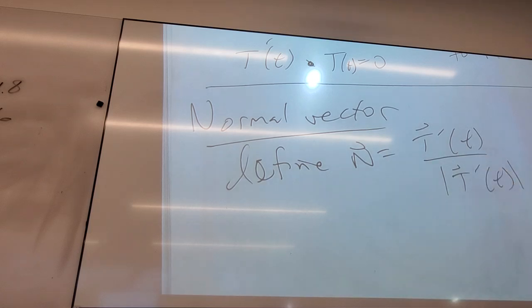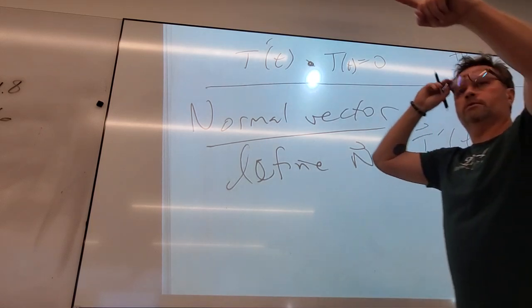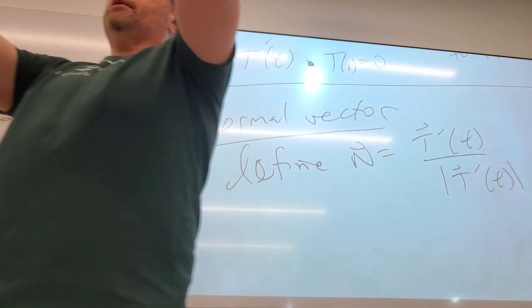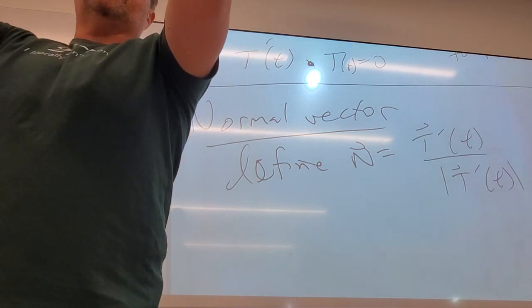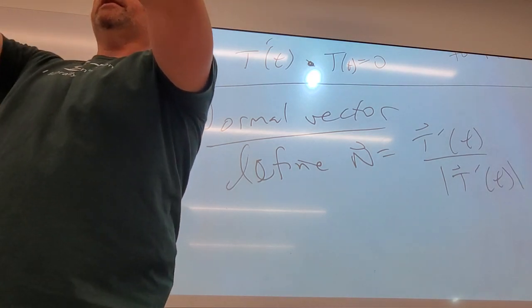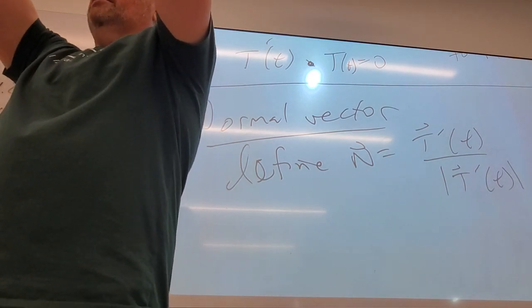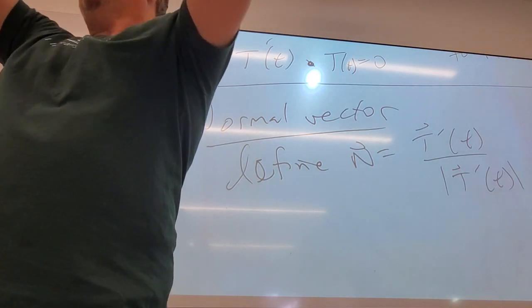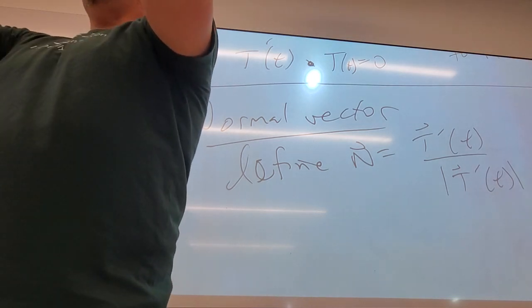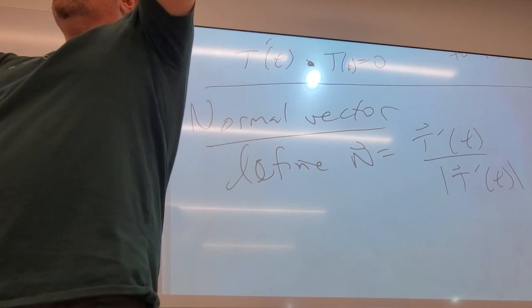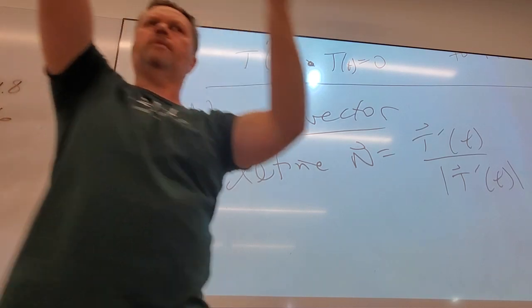I said earlier, the direction of motion is my tangent vector, and I want a vector that's always orthogonal to it. I'm going to define that to be my normal vector. And now I have one last vector to describe, and then I've got the three that I was talking about earlier that move along with my object.